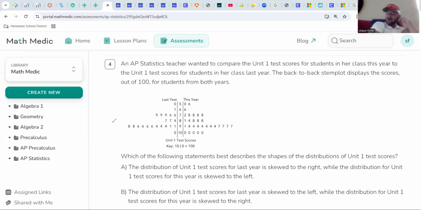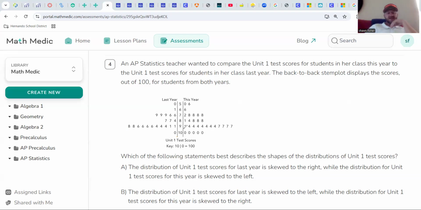There's other ways that you can do this. You don't have to put them back to back, but I think it's easy to compare last year's scores and this year's scores. It displays the scores out of 100. So somebody can make 100. Nobody made 100 on this, it looks like.